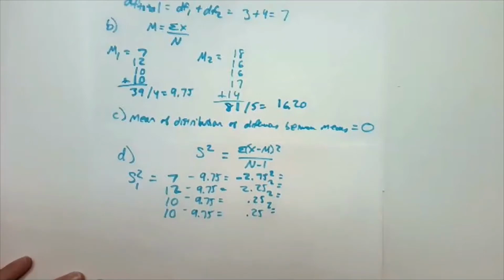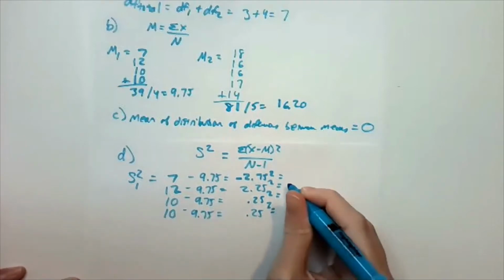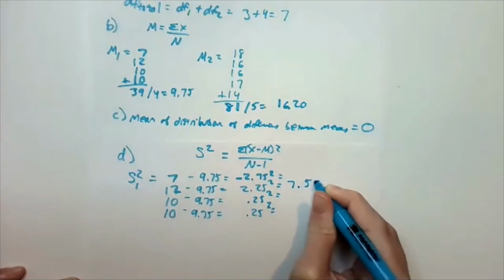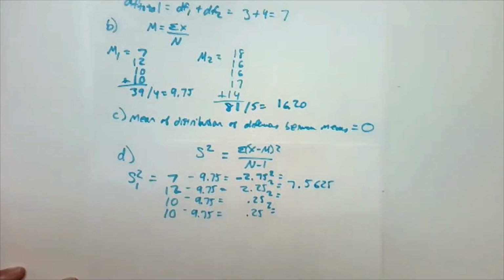And so you can take a moment to try to correct that, or you can just do this without the negative sign, since negative 2.75 and 2.75 squared will each be the same thing. So when I do that, I'm going to get 7.5625. And again, we want to round our final answers always to 2 decimal places.